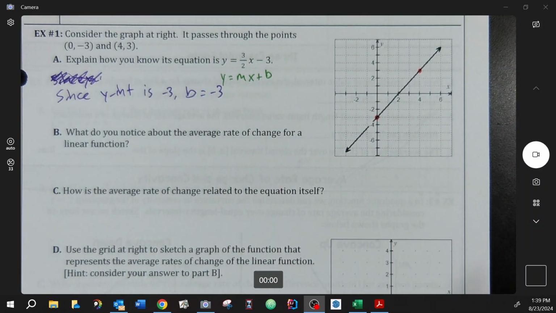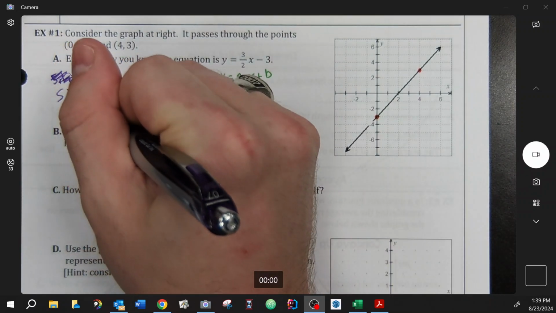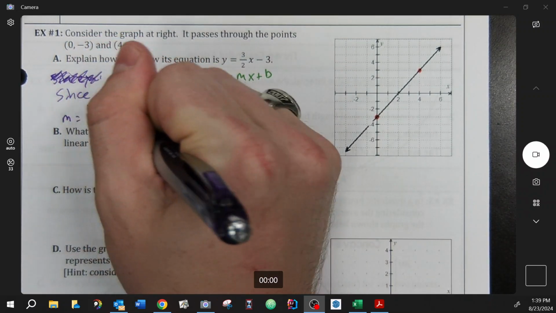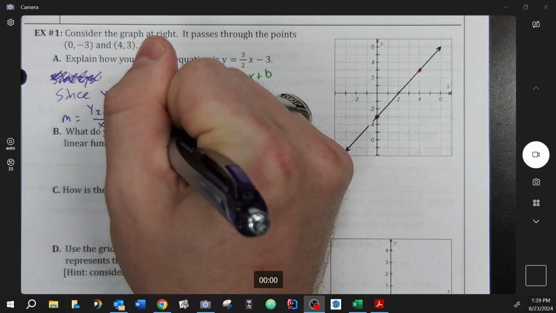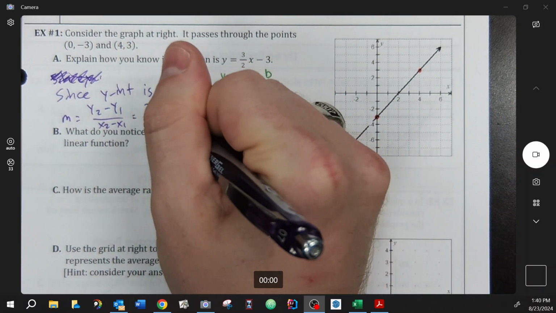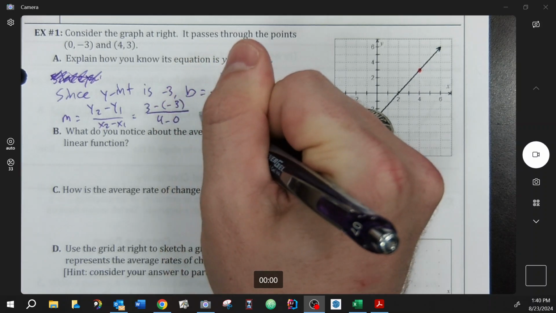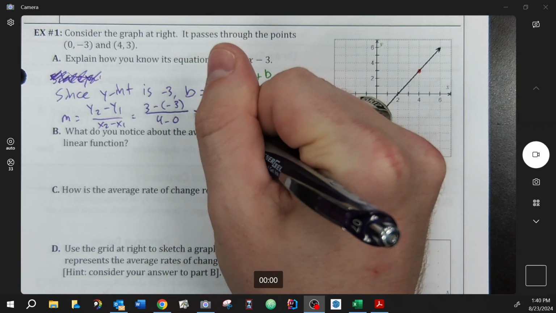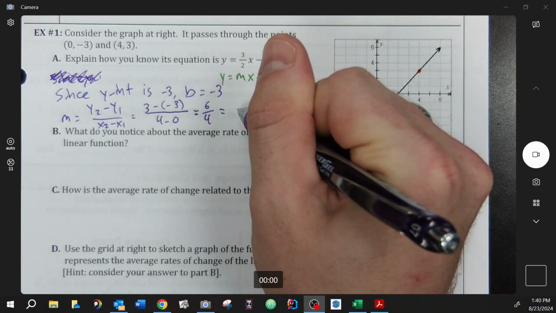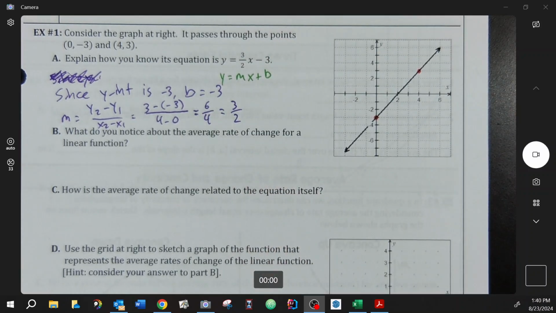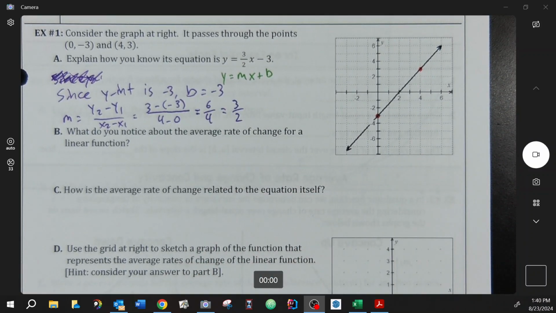And as far as the slope is concerned, let's just calculate it. (3 minus -3) over (4 minus 0). That's 6 over 4, which, yes, does reduce to 3 over 2. Thank goodness this is the equation of that line. Otherwise, none of this would have made any sense. So all we've done so far is show that we know how to find the equation of a straight line.